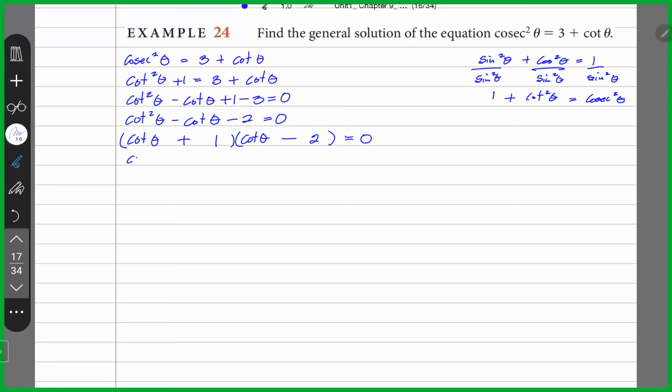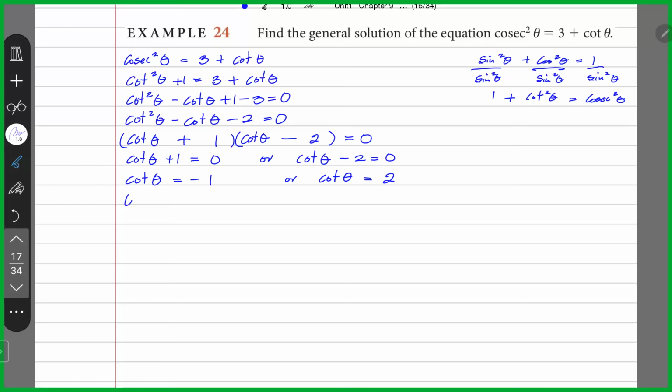So now we have cot theta plus 1 is equal to 0, or cot theta minus 2 is equal to 0. So cot theta is equal to minus 1, or cot theta is equal to 2.